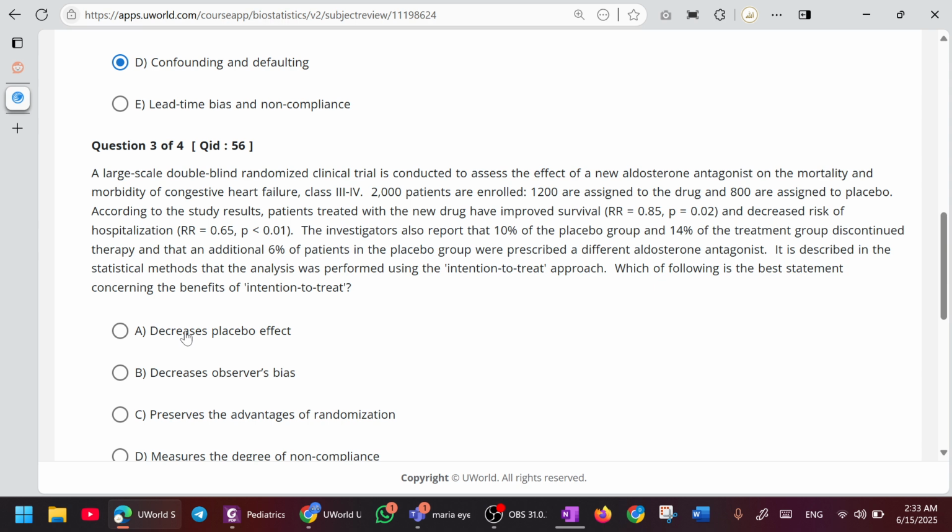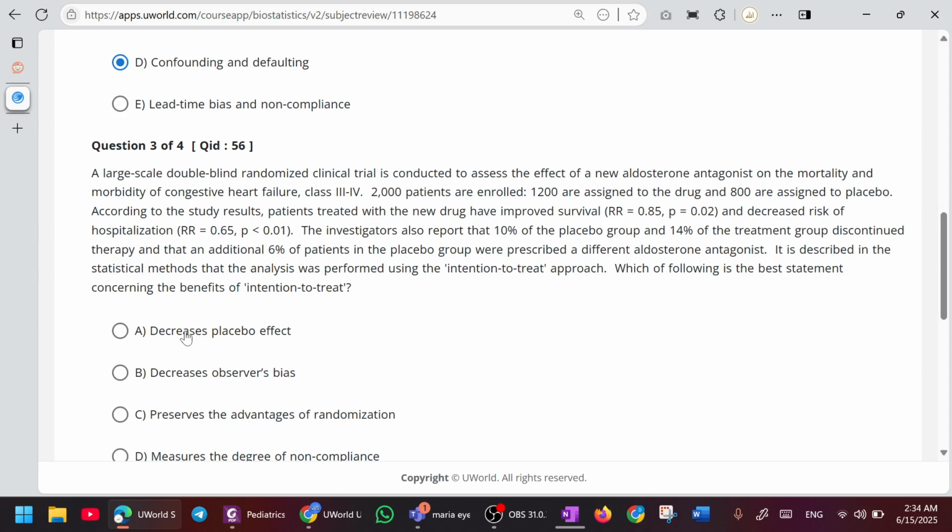A large-scale, double-blind, randomized clinical trial is conducted to assess the effect of a new aldosterone antagonist on the mortality and the morbidity of congestive heart failure class 3 or 4. 2,000 patients are enrolled, 1,200 are assigned to the drug, and 800 are assigned to the placebo.